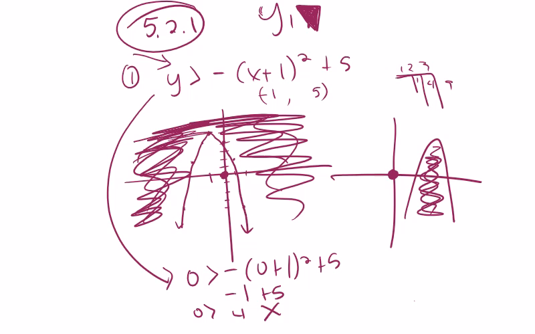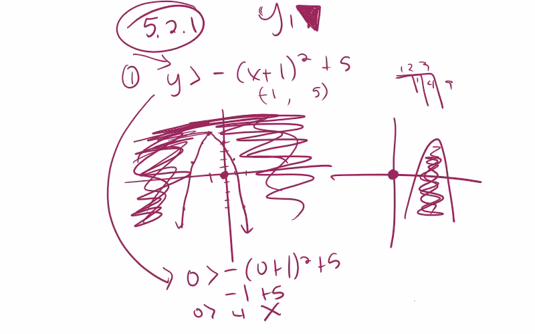Okay, number 10. Which of the following represents the function in vertex form? So we can do a couple of things. We can do negative b over 2a to get the vertex. So let's do that.